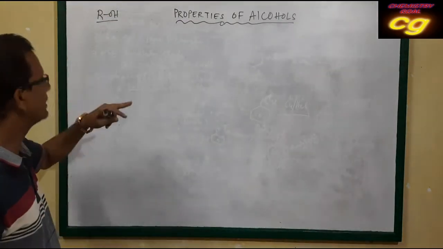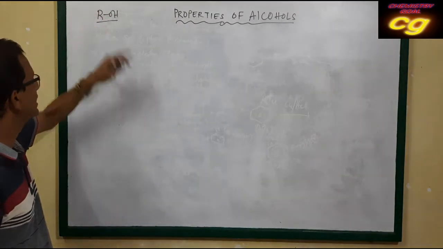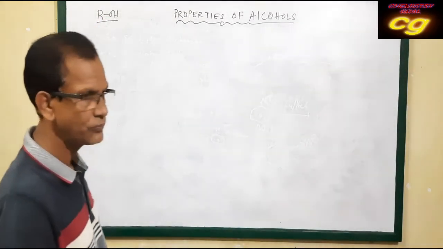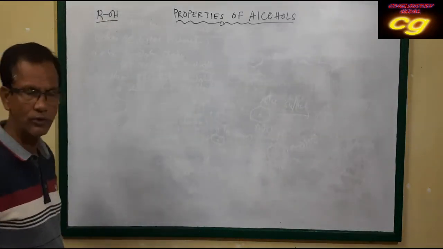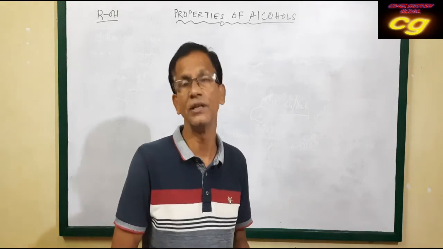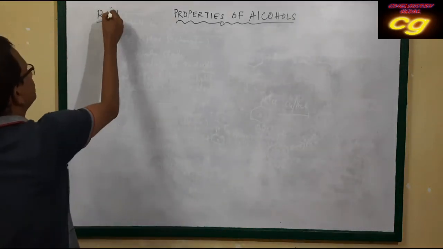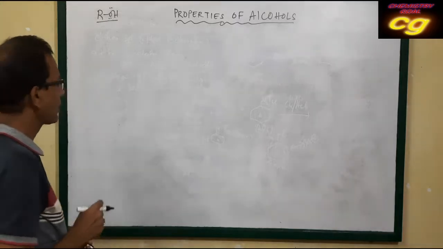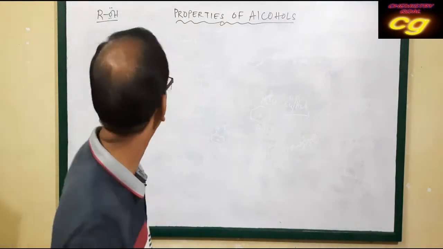When the C-O bond is involved, alcohol acts as an electrophile. When the O-H bond is involved, it acts as a nucleophile because it has a lone pair. That's why it can act as an electrophile or as a nucleophile.